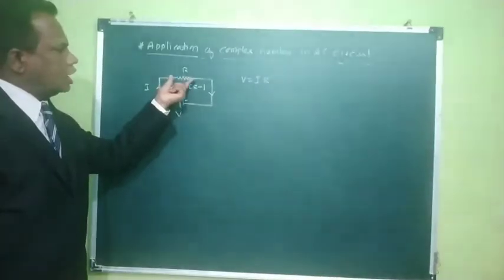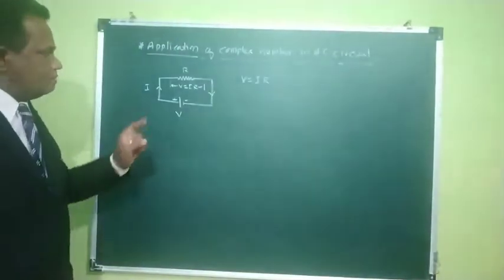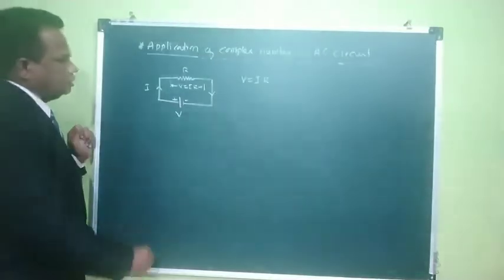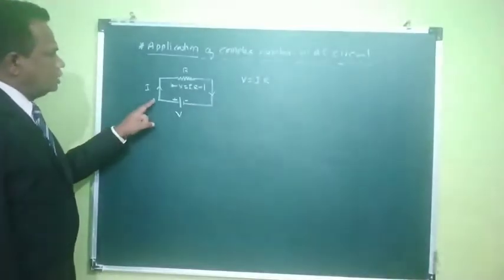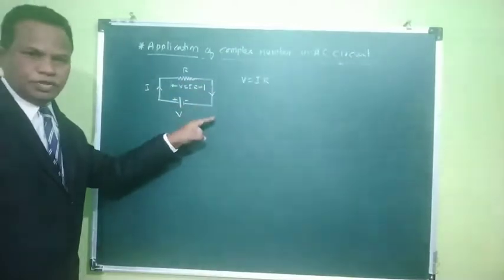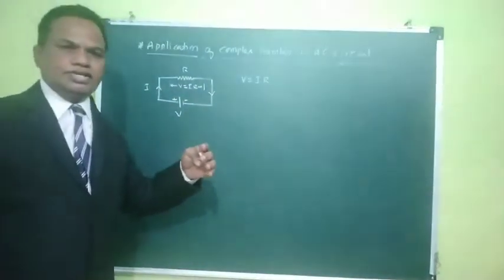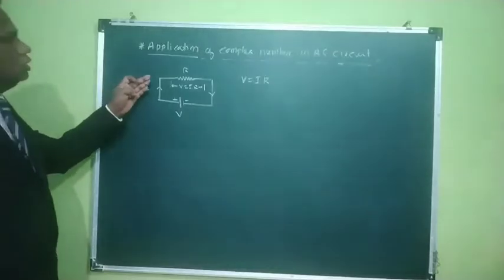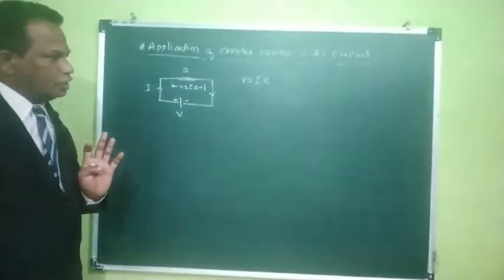As we know, there is no change in the input signal. The current direction is the same. So there is no phase change in the current as well as voltage.